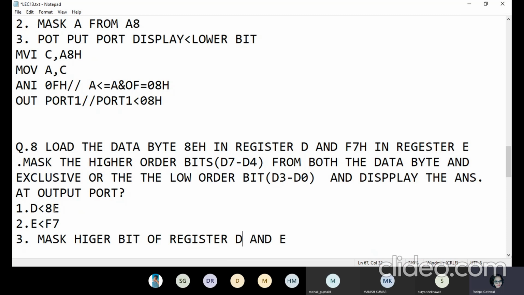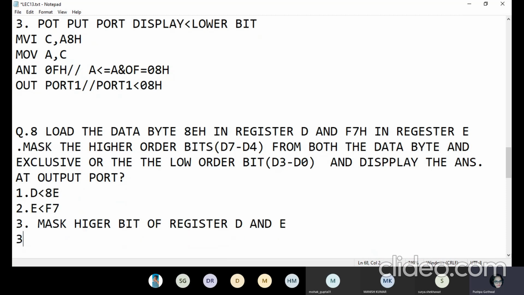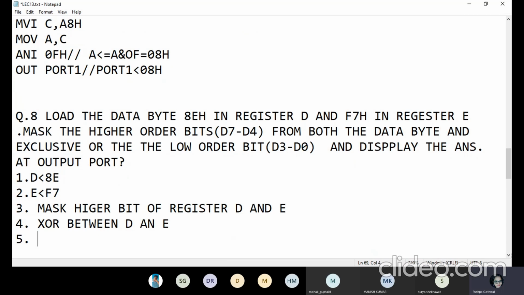So in D and E, you are getting only the lower bits. Then you have to perform the XOR operation between D and E on the lower order bits and display the answer at the output port, whatever content will be there at last.